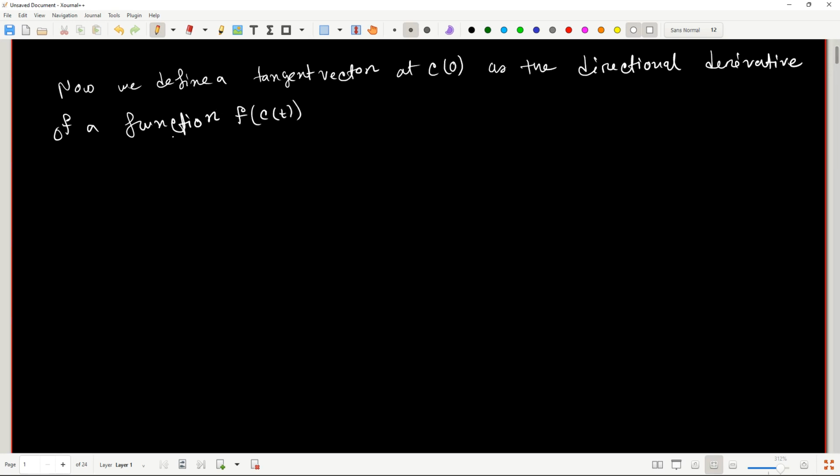That means what I'm essentially doing is parameterizing the curve and then picking a point, and finally taking the tangent, or so to say the directional derivative, and calling that a tangent vector.